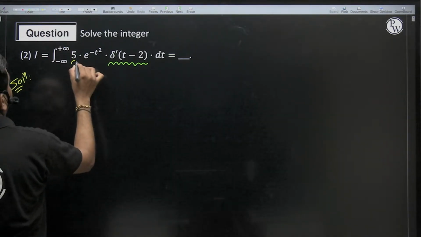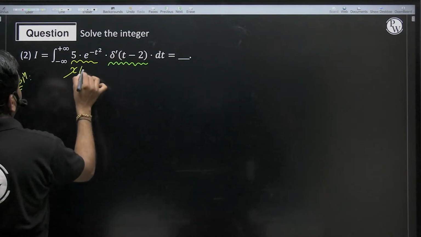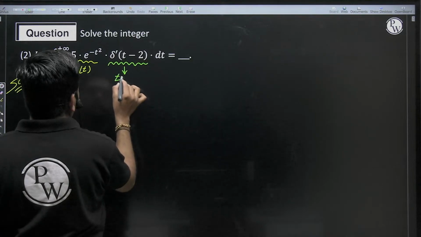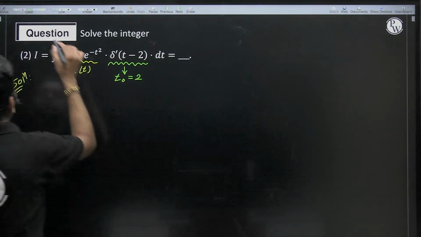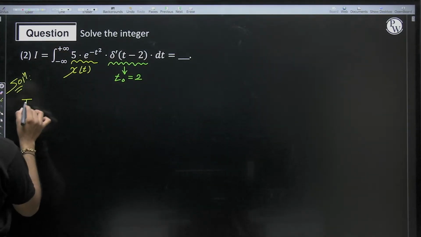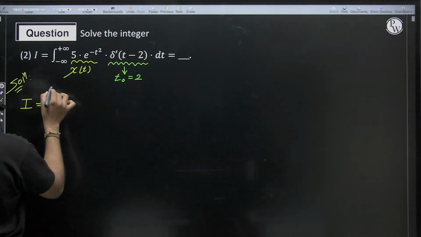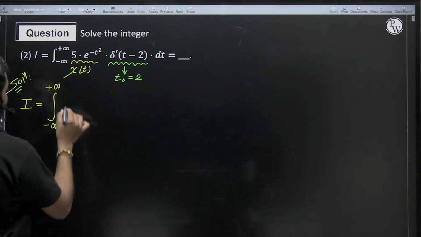Let us consider this is x of t, guys, and here the value of t naught is 2. Then the value of this integral I is equal to minus infinity to plus infinity.